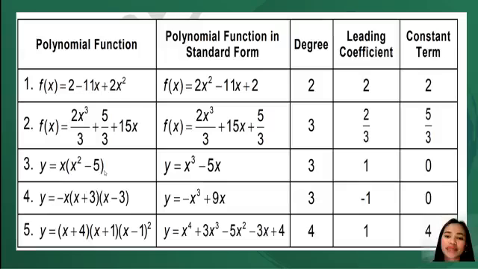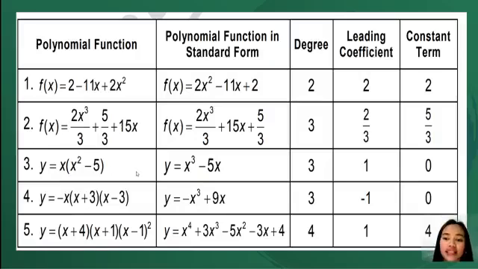Y equals negative x times x plus 3 times x minus 3. So in here, we have to multiply it first. Simplify. We need to evaluate this one. So what are we going to do? Negative x times x is negative x squared.